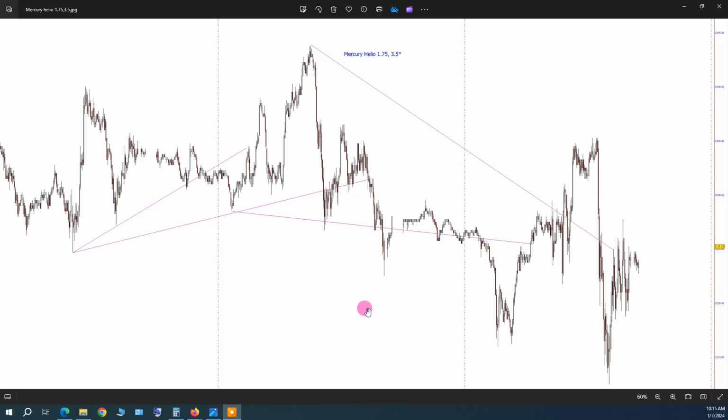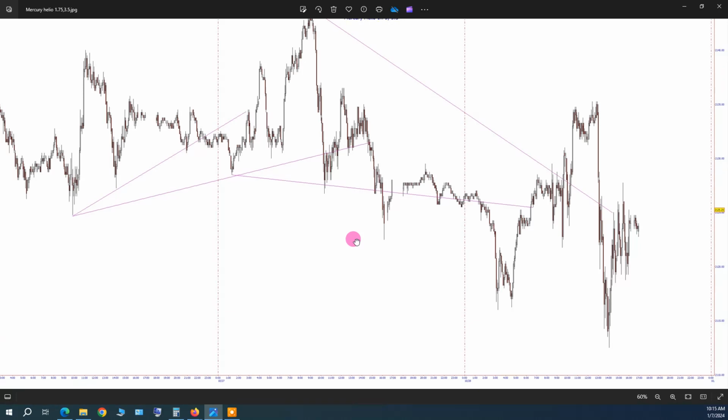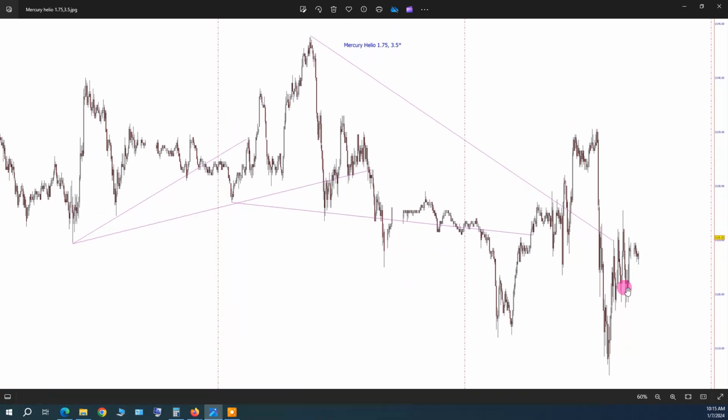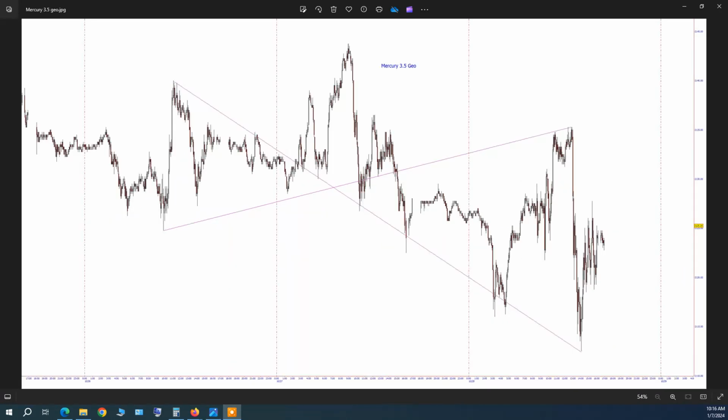This is the same time period as the moon video. This is way back in October of that year when the S&P was trading in the 2120, 2130 area. This is the Mercury 3.5 degree geocentric look. Just giving two examples here, measuring from a swing low and then from the swing high from the same swing projected forward.